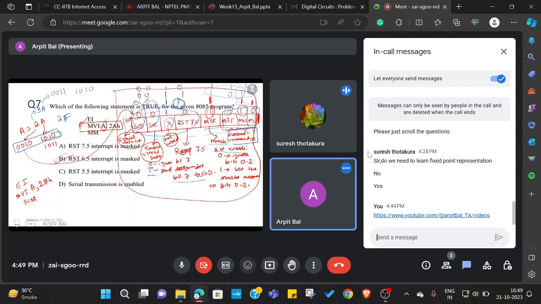How can we give the feedback for a specific TA? Usually they float some feedback forms, so there you can mention feedback about the overall course, tutorials, everything. But it is not from the TA point of view.